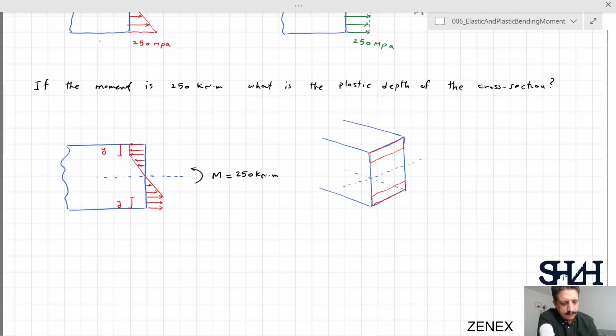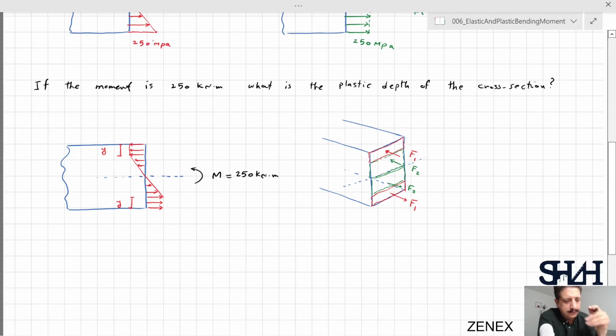Here we write it down as F1, and the rest is elastic, this part, we can write down as F2.